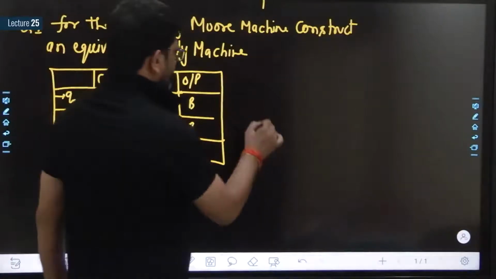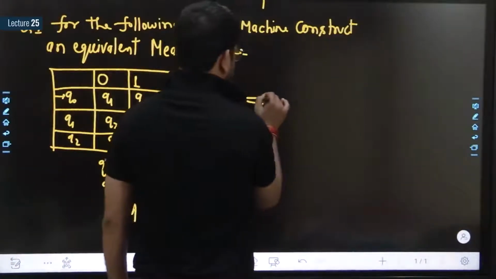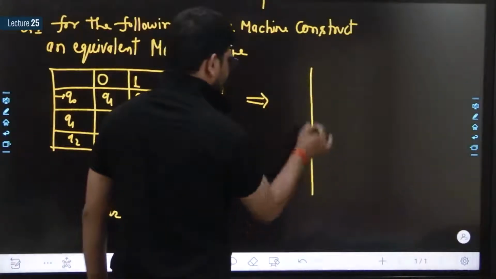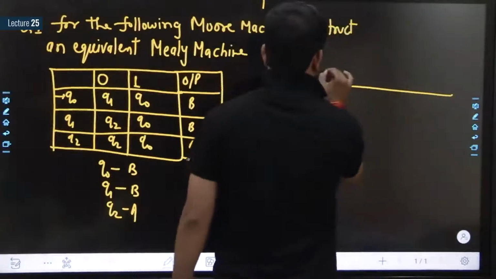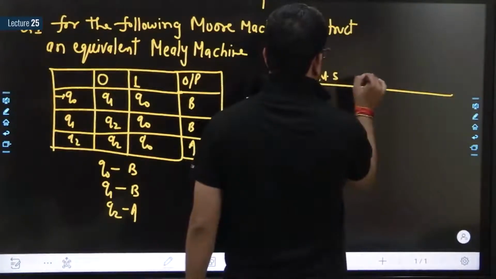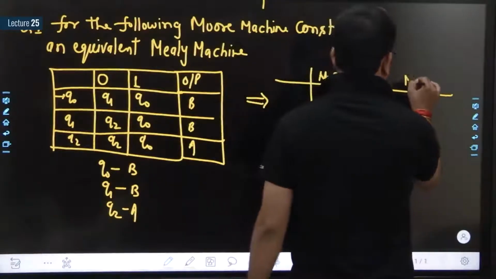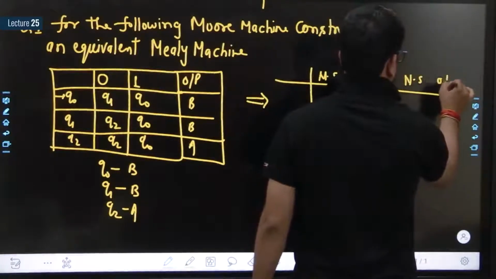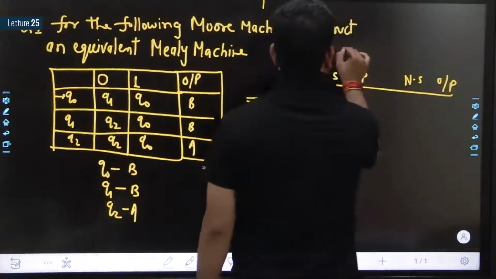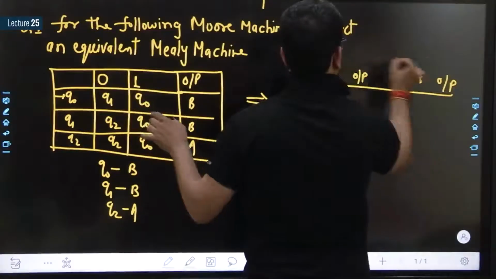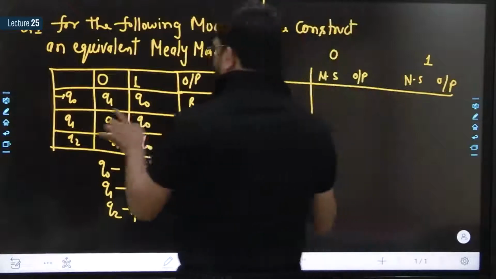So what is the equivalent Mealy machine? Next state, output, next state, output. Input is 0, input is 1.